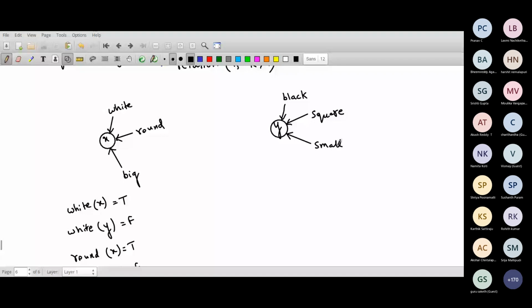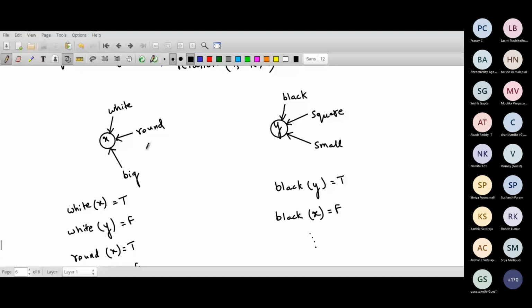So in this case, black of y is true, whereas black of x is false, and so on. Okay, so we have real life examples where we describe an object's properties with only one argument.